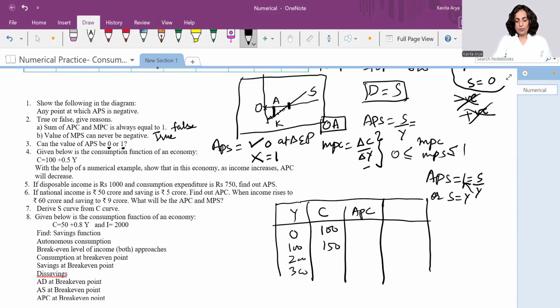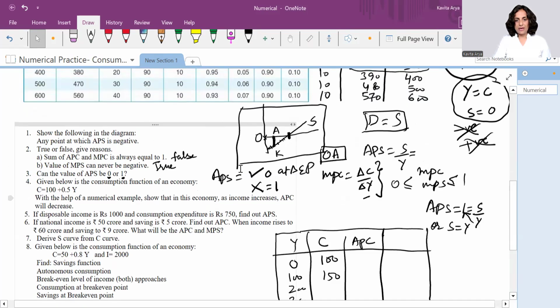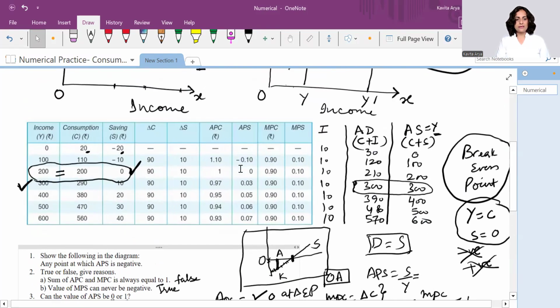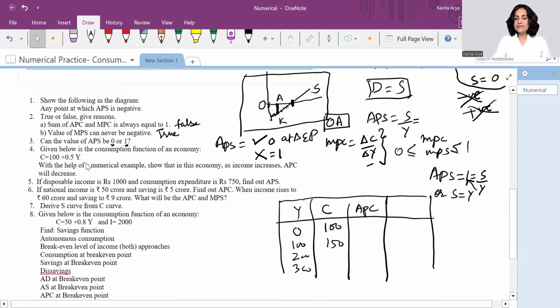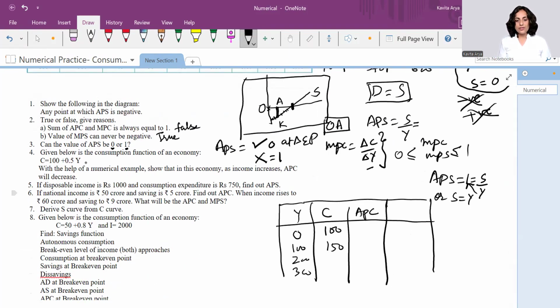I just want you, just to save on some time, I want you to see this. So for this very table where we had Y and we created C, here it was just assumed, but here we have created C because we are given this function of 100 plus 0.5Y.